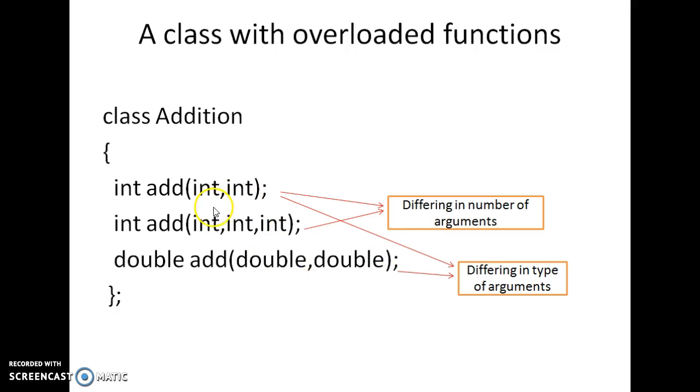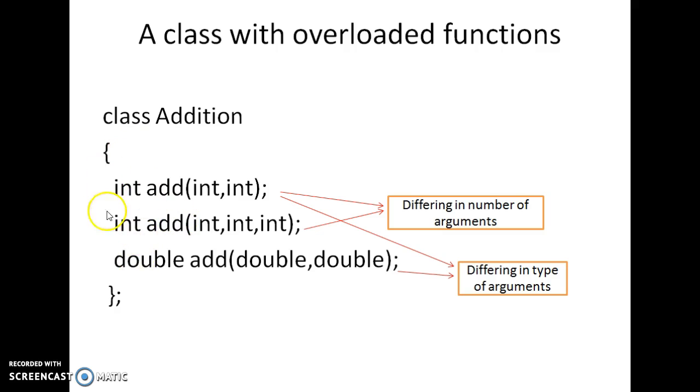The first function adds 2 ints, and the next one adds 3 parameters of integer type. This is exhibiting how the 2 functions with the same name are differing in number of arguments. While the first and third one, it is showing how the 2 functions are differing in the type of arguments.